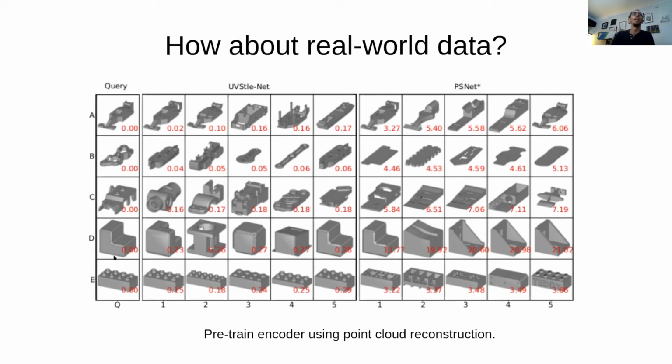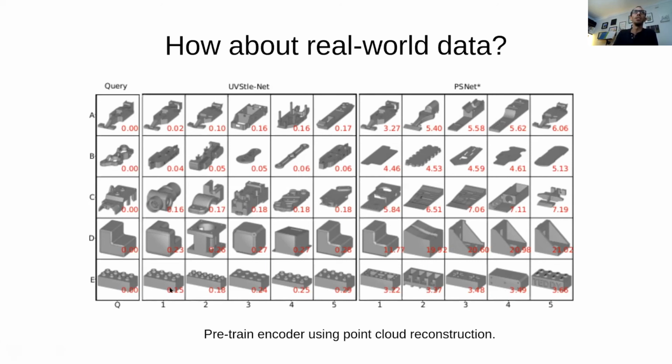On the very left, we have our query objects that we want to find similar style objects to. Then here we have our work. And then this is the previous state of the art that we adapted to be able to work in an unsupervised way as well. If we look at row E, we have this Lego block as our query.